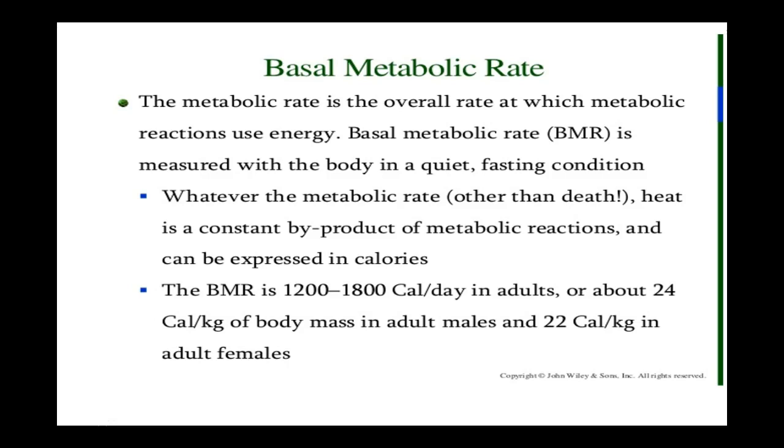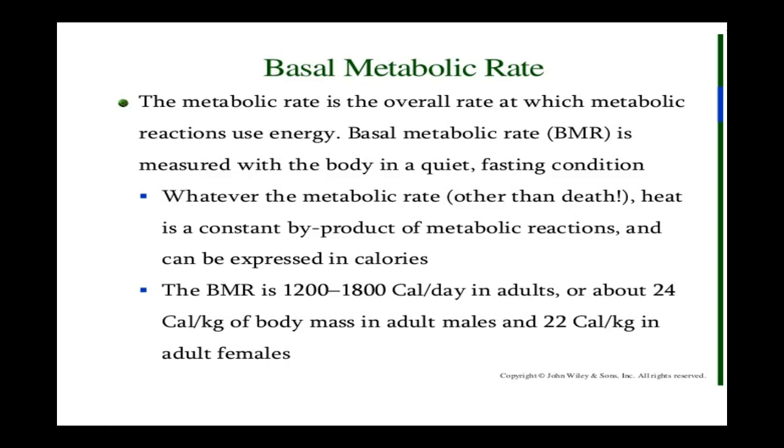The basal metabolic rate is when you're awake but not stimulated, and you're quiet and in a room that has normal temperature, so you're not trying to stay awake. Heat is a constant. We talked a little bit about that with regard to catabolism and anabolism, whether you're breaking down or building up.